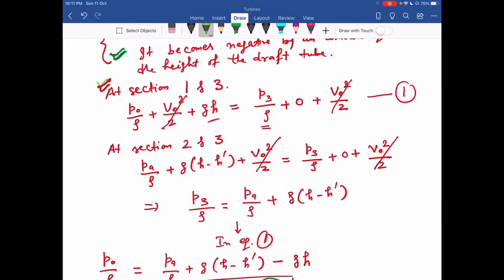You can see this relation. Here I have the same VO square divided by 2, but now this term is replaced with VD square by 2.